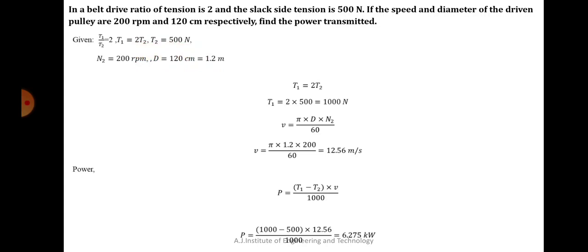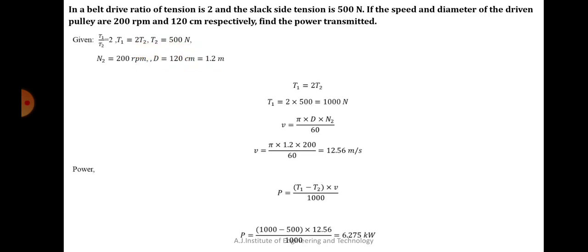So what is the formula to find velocity? You should know this: velocity is equal to pi d n by 60. So the velocity of the belt is given by the formula v equals pi d n by 60. Pi is a constant, d is the diameter, n is the speed.